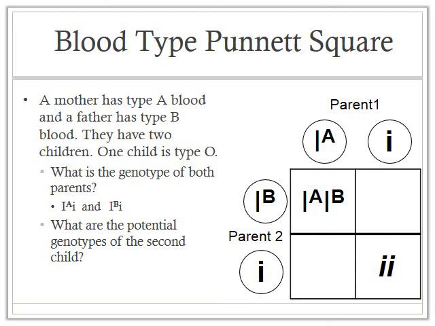Well, I guess the question first, what are the potential genotypes of the second child? Now we'll start filling these in. And so these are the potential genotypes of the second child.